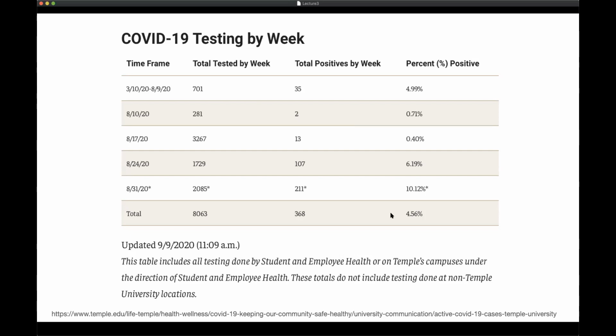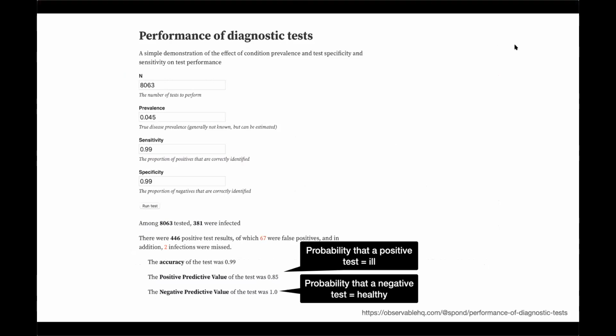All right. So my question is, how certain can we be that these 368 are positives? And should we just trust these numbers as precise estimates of what's going on there? To help you understand this, there's another tool that you can play with, and it basically takes 4 important parameters for any test.